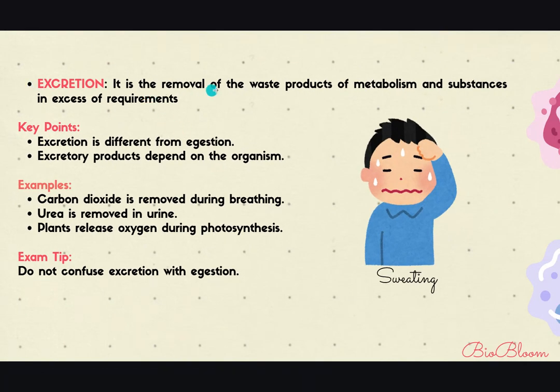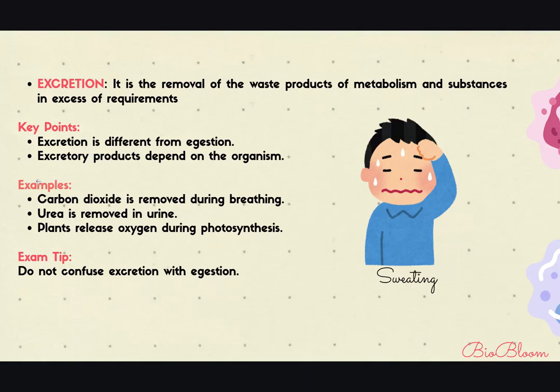It is the removal of the waste products of metabolism and substances that are in excess of requirement. Remember, it is the removal of the waste products of metabolism. These waste products are very, very harmful if they build up in our body, so we need to remove them.